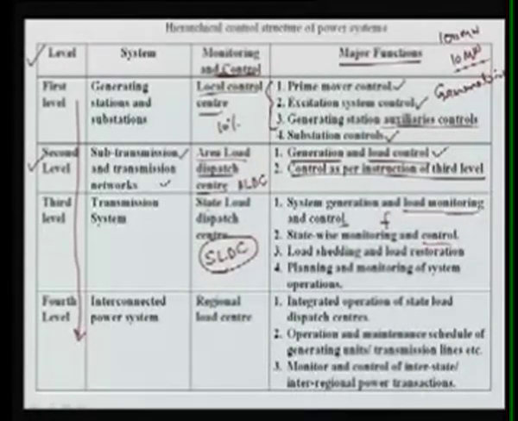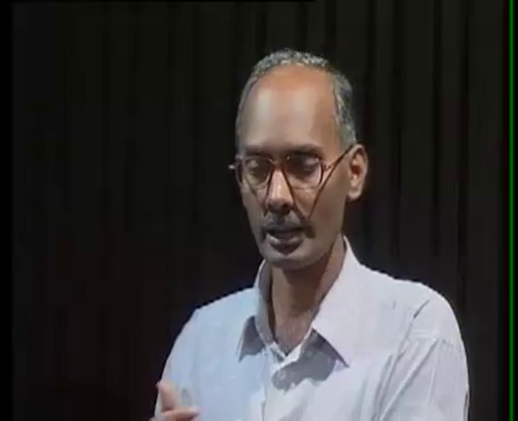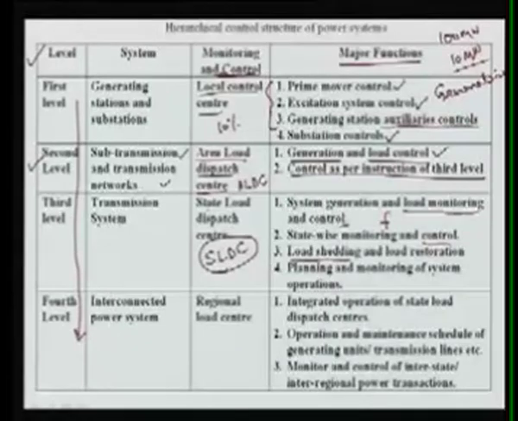They also monitor all the things, and they get all the information, which is used for the current operating scenario and also for the post-operating scenario. That information is very much required for the post-operation as well as the present operating condition. Here I have already mentioned load shedding and load restoration.